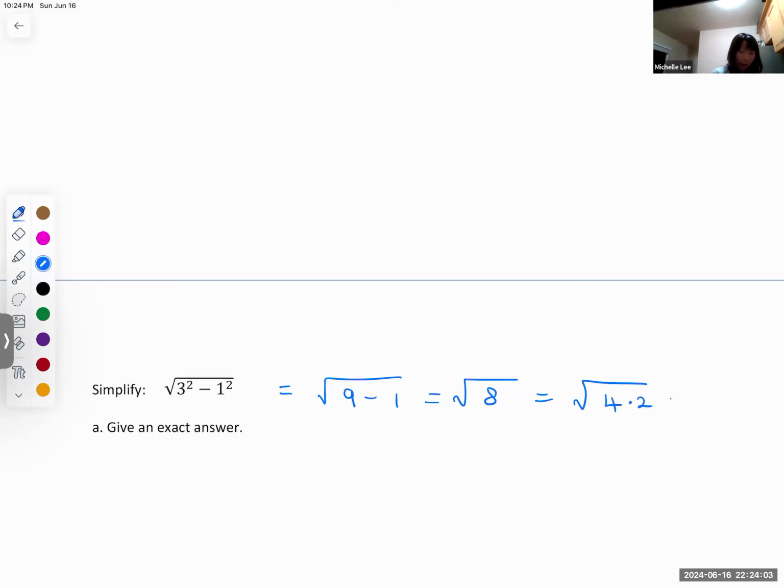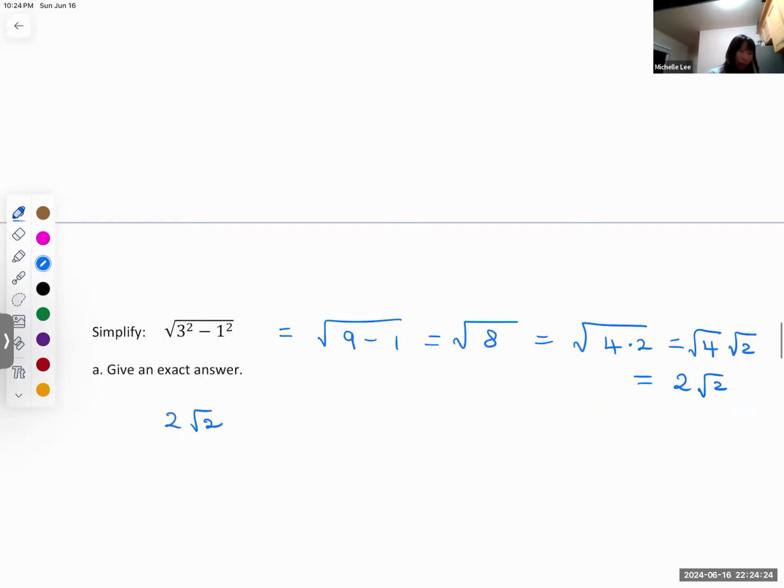So that is square root of 4 and square root of 2. Then we can express this one as 2 square root of 2, right? Okay, that is the exact answer. 2 square root of 2.